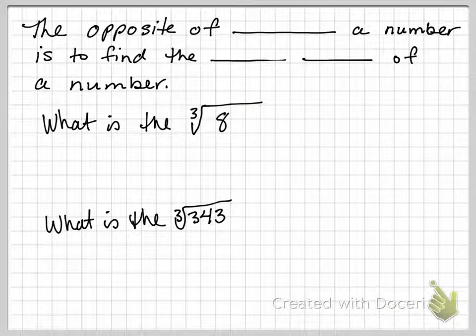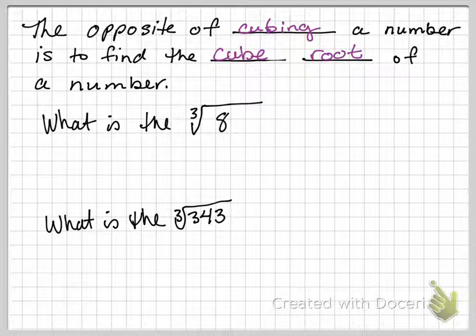All right, the opposite of cubing a number is to find the cube root of a number. So just like we asked ourselves when we were squaring a number, what 2 numbers that are the same, when I multiply themselves, gives me the number that's under the square root sign, we have to think similarly when we're finding the cube root.